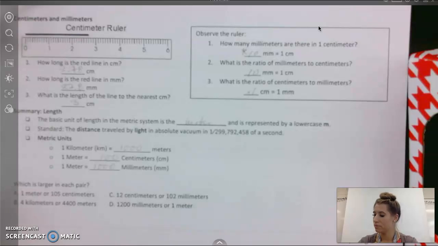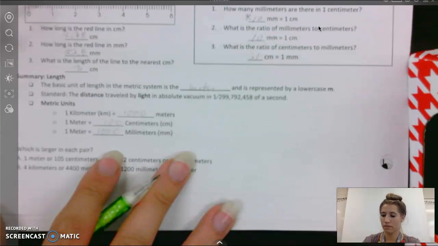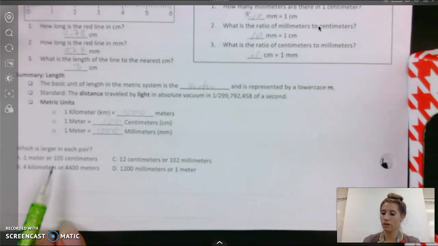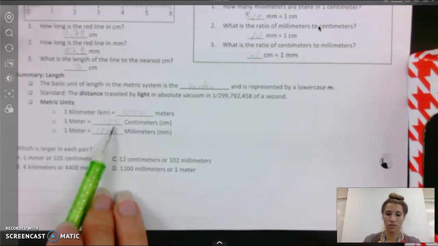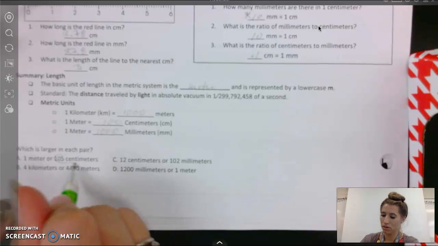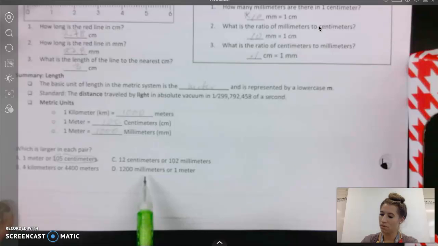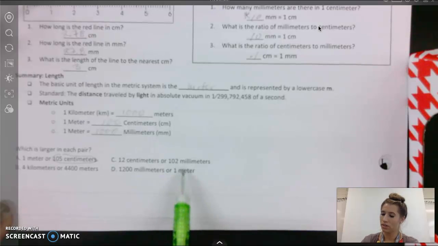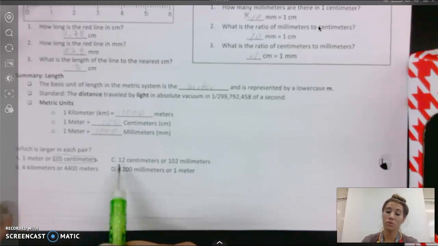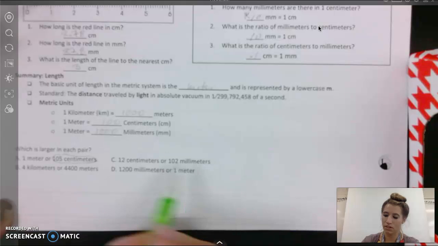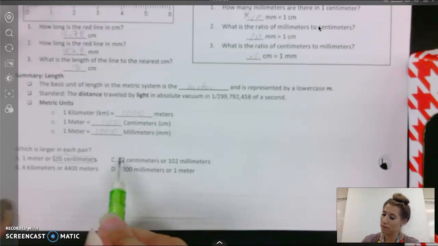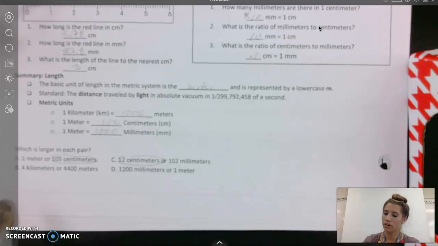With that in mind, 1 meter or 105 centimeters? 1 meter is 100 centimeters, so the larger one would be the 105. 12 centimeters or 102 millimeters? For every one of those centimeters, we have 10 millimeters, so this would be 120 millimeters, so that one is greater.